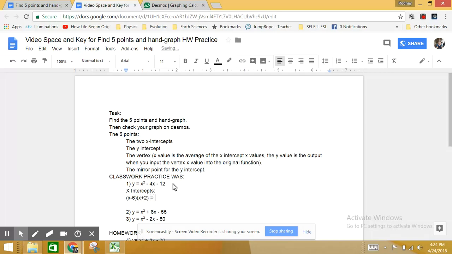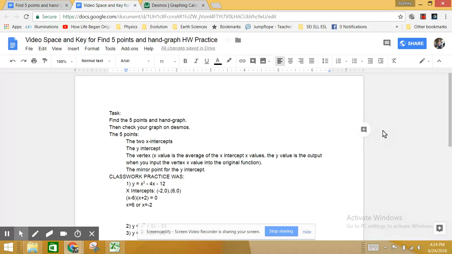If we set that equal to 0, then x could equal 6, or x could equal negative 2. So I have x-intercepts identified at (negative 2, 0) and (6, 0).